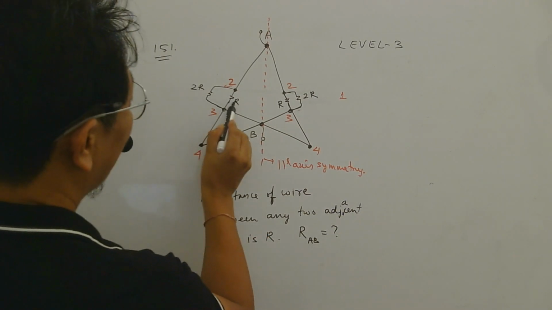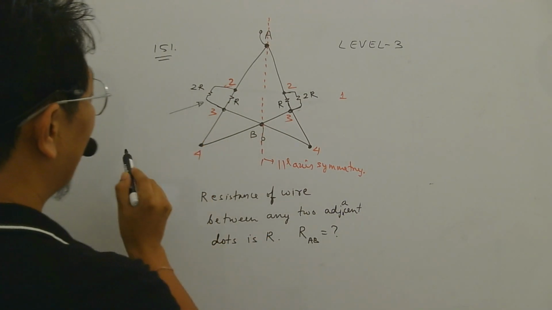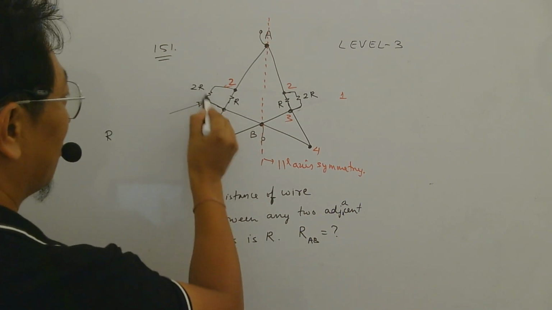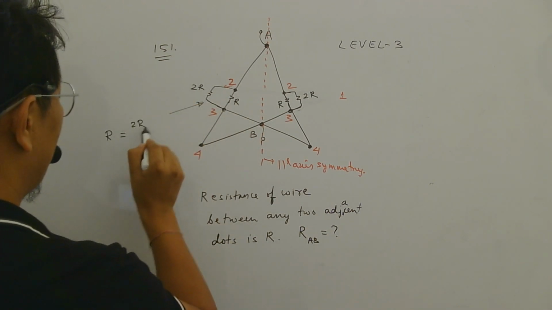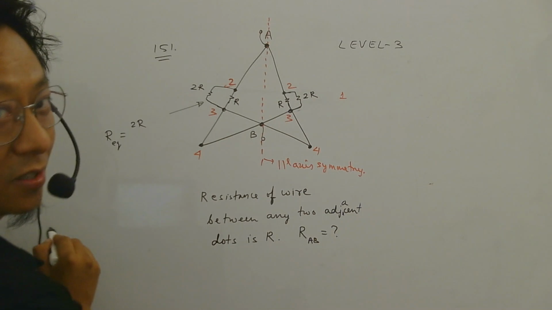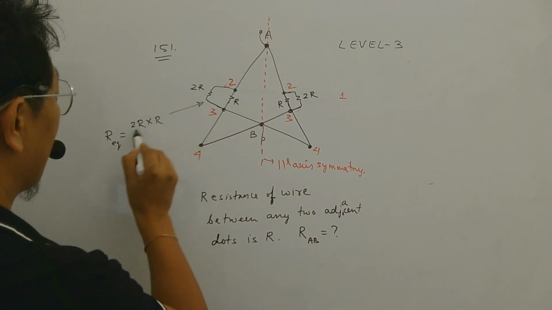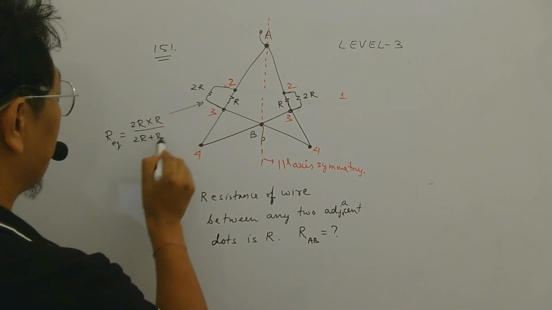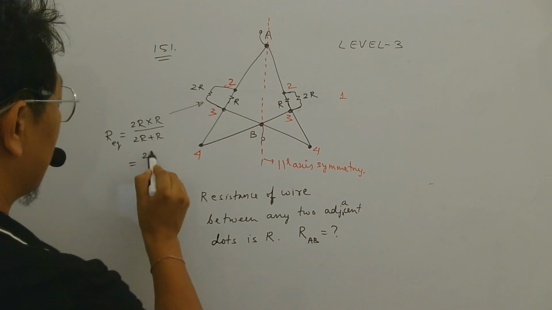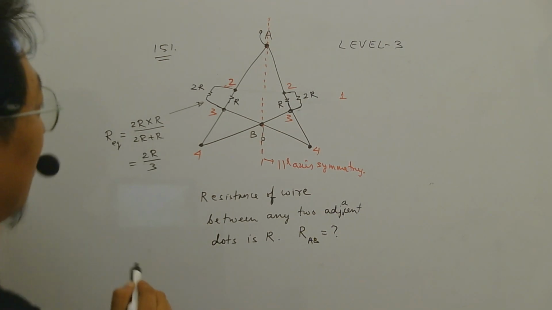Now this 2R and this R are in parallel. So equivalent resistance of these two will be what? Equivalent resistance 2R into R by 2R plus R, 2R square by 3R. So it will be 2R by 3.